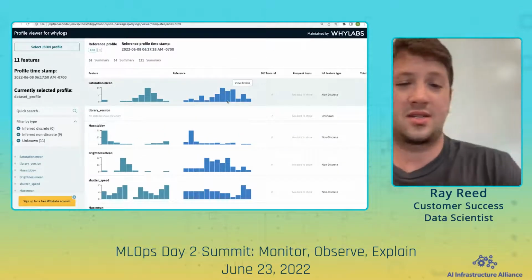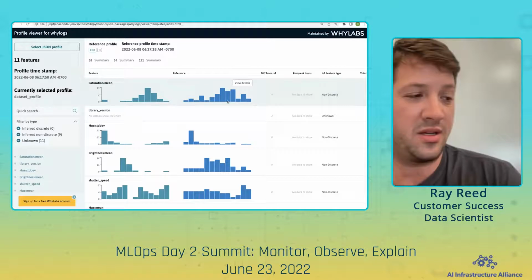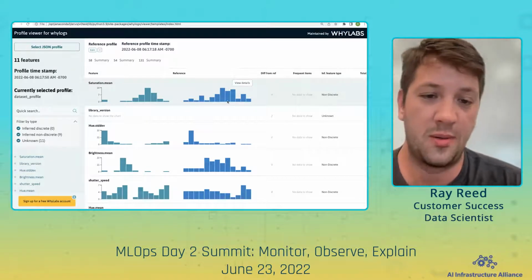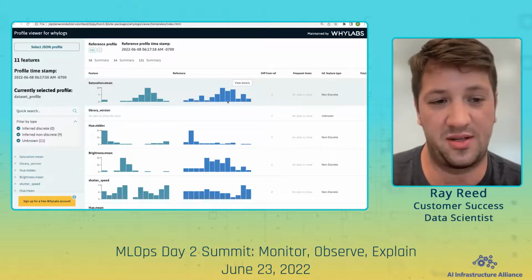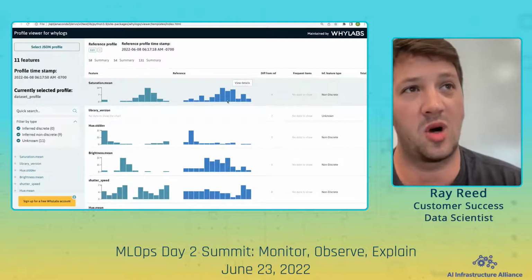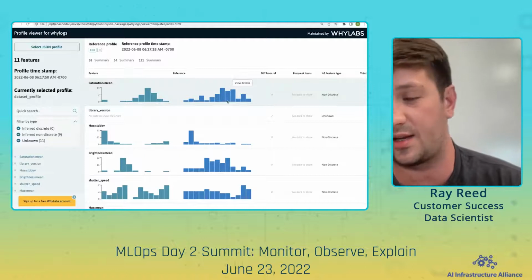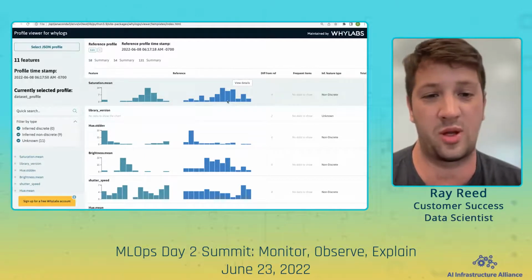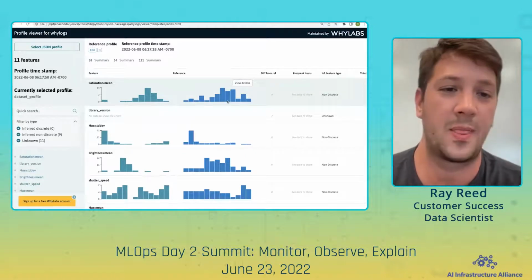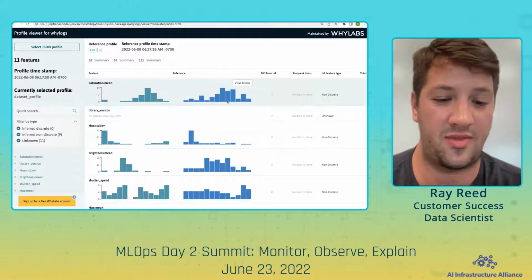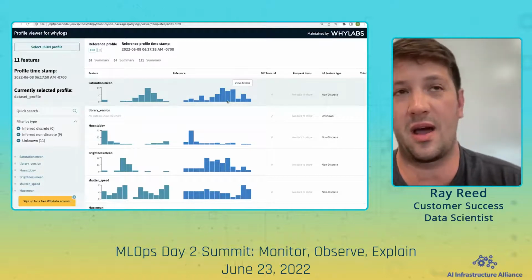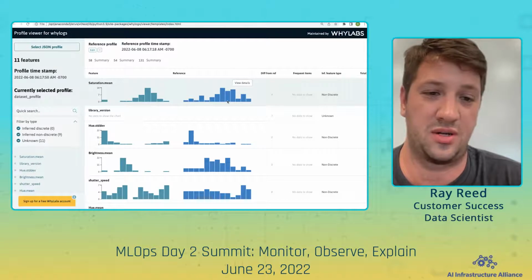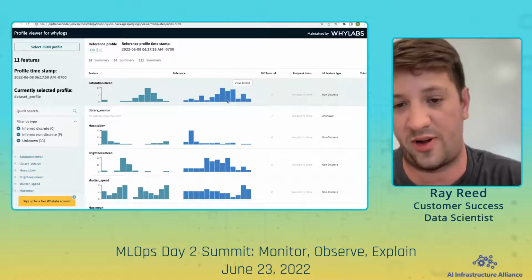So in practice, ideally, what we'd want to do with these profiles, if we want to set up a robust monitoring solution, we'd want a way to take these profiles and collect them over time. So maybe each day I could profile all of the images that flowed through my pipeline for that day, and I'd really like a way to apply automatic anomaly detection to those profiles.